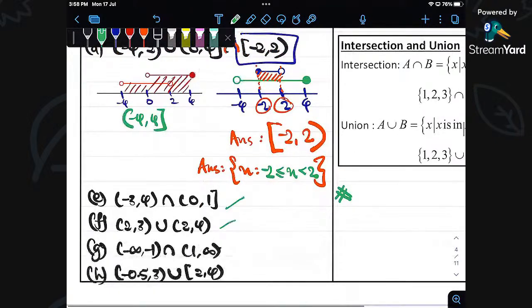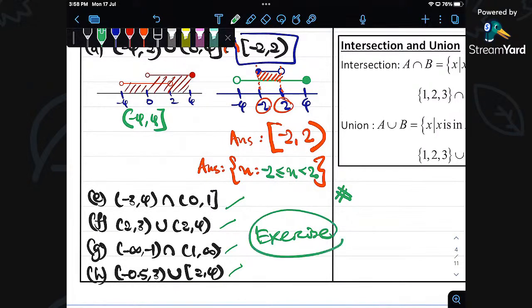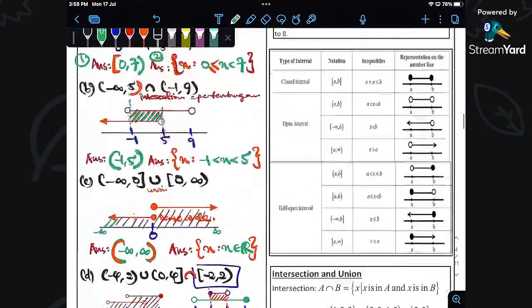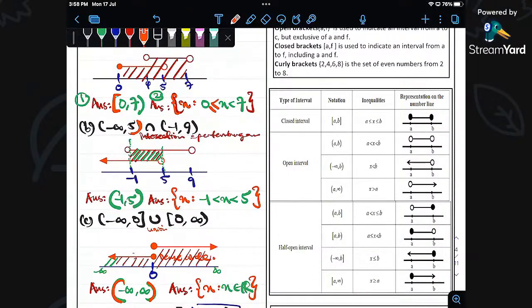And the rest of it is your exercises. So you can screenshot this and practice this yourself and have a look at this note here. As I said, I want you to practice the interval notation and the set notation, ataupun kita panggil dia sebagai inequalities.